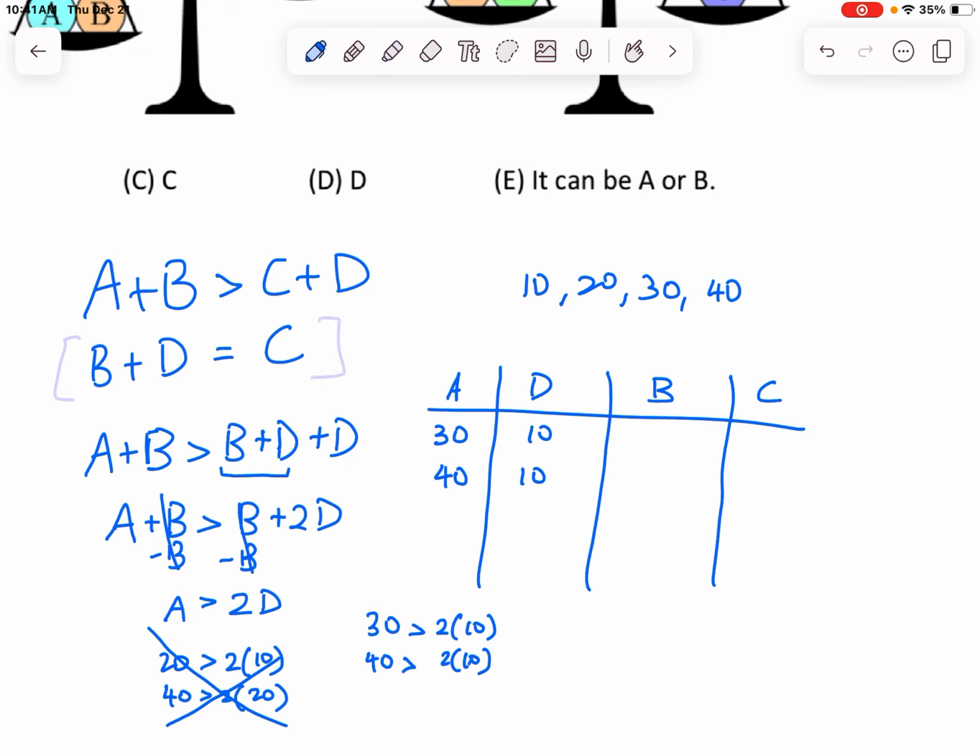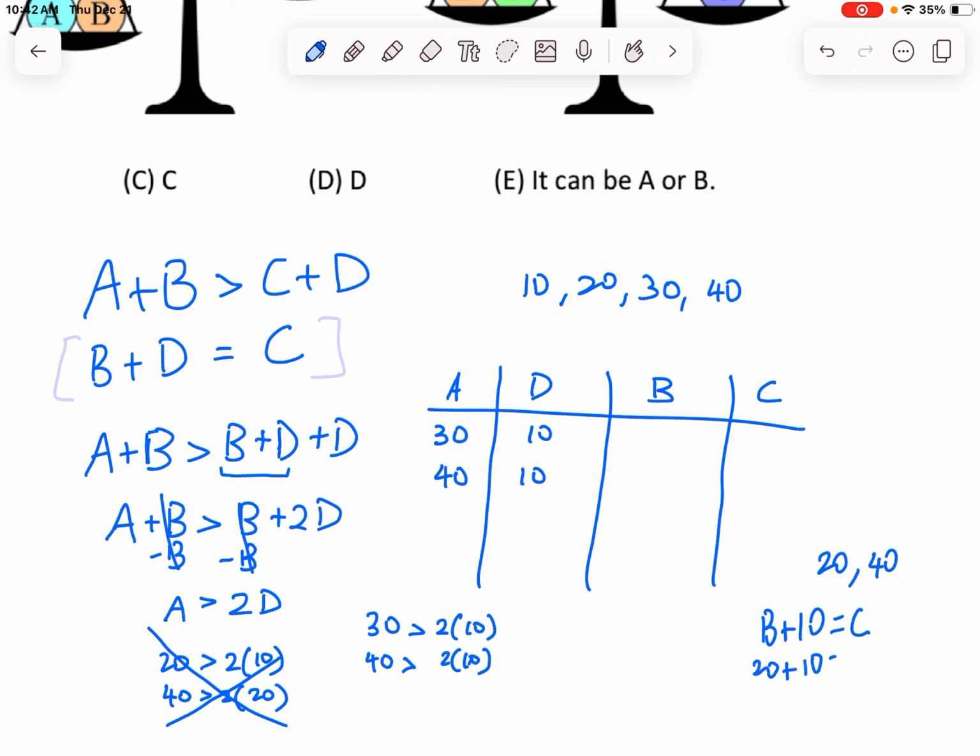For my first case, using 30 and 10 for A and D, the only possible numbers I can have for B and C are 20 and 40. So I'm going to have B plus 10 is equal to C.